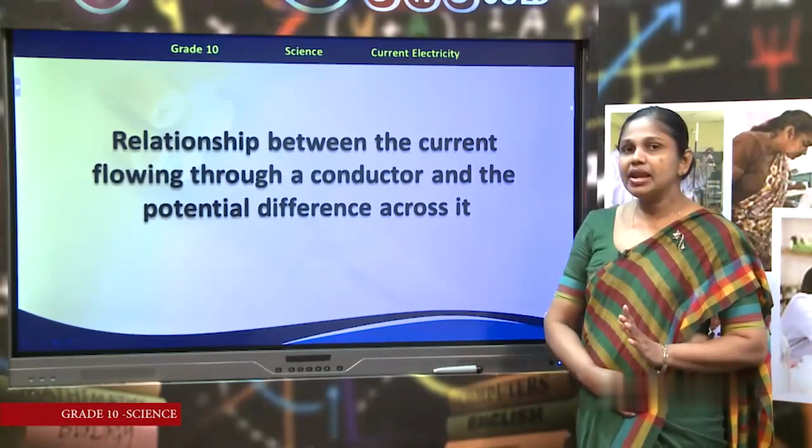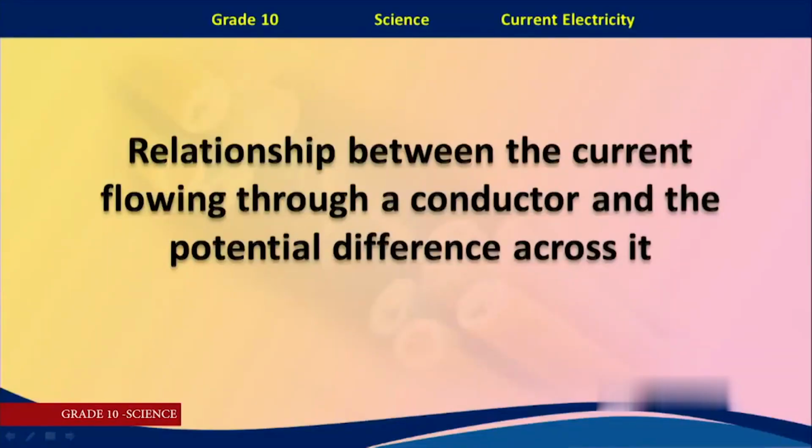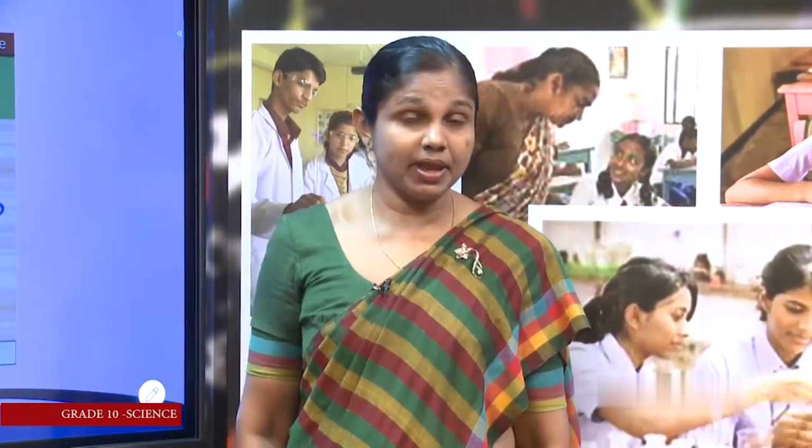This is the relationship between the current flow through a conductor and the potential difference across it. Children, to find the relationship between the current flow through a conductor and the potential difference across it, we have to do an experiment.